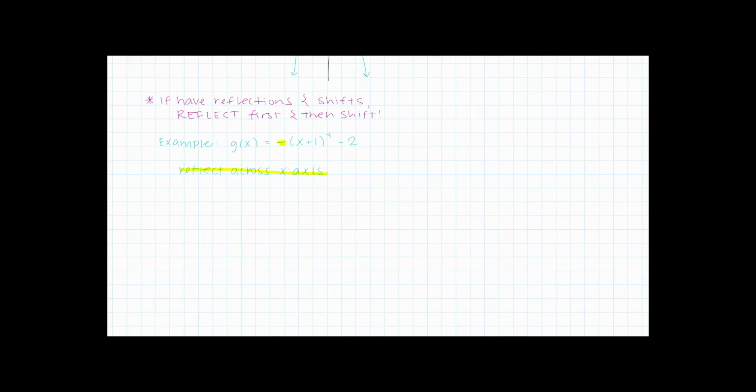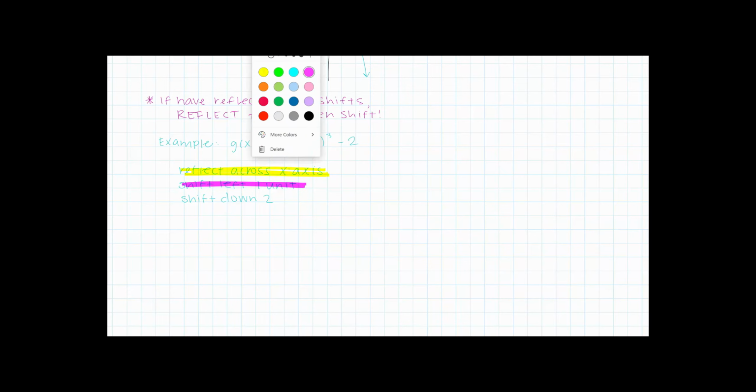And then we have a shift to the left 1 unit, and again, it's not one box, it's 1 unit. However many boxes it takes to get to 1 unit. And then we're going to shift down 2. So this positive 1 is what's shifting it left 1, and then this negative 2 is what's shifting it down 2.